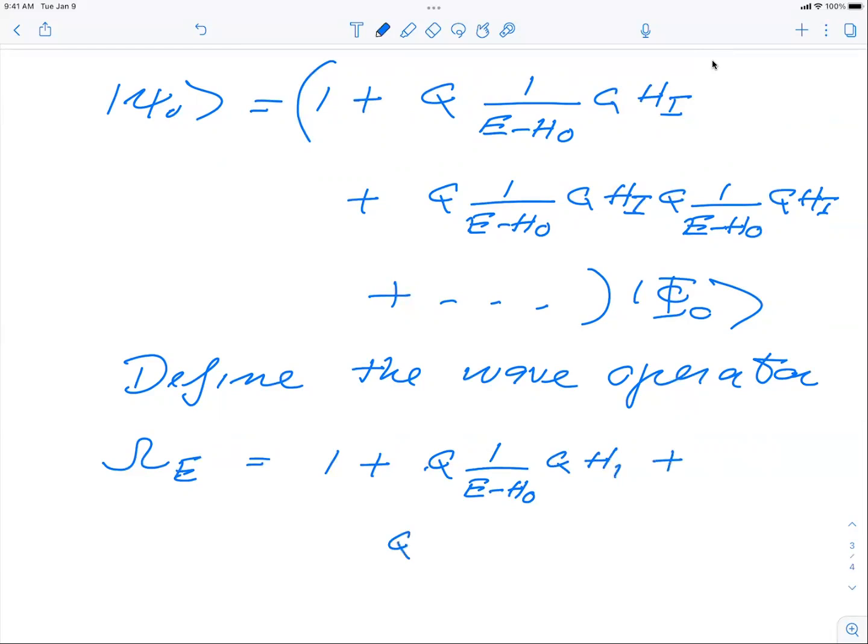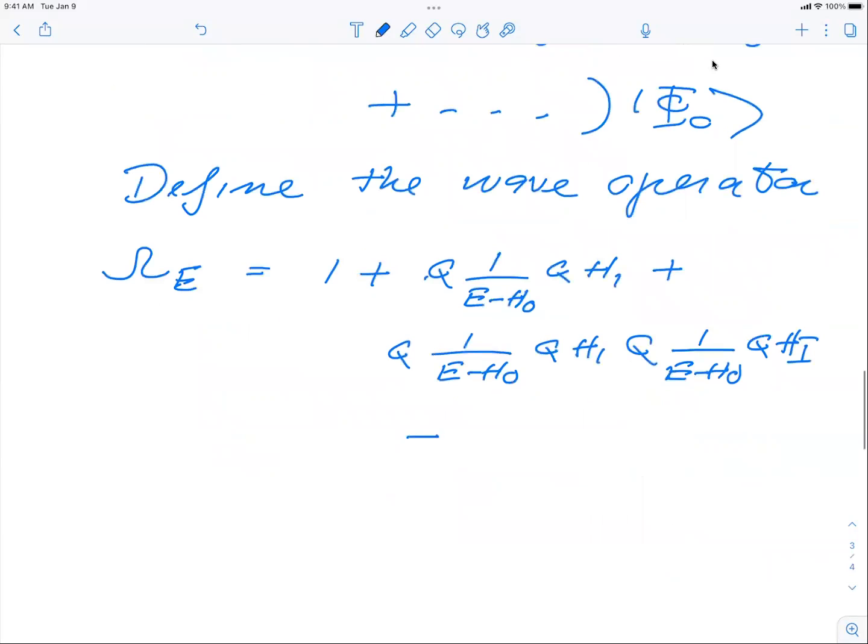The only thing I'm doing now is pulling out these terms of Q of H of I, Q of 1 divided by E minus H0, Q of H of I plus plus. So this would be the expression for the wave operator.